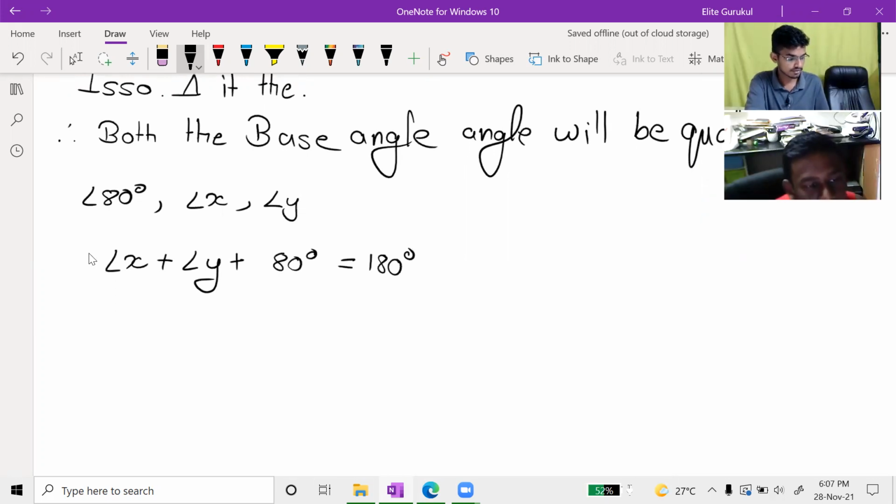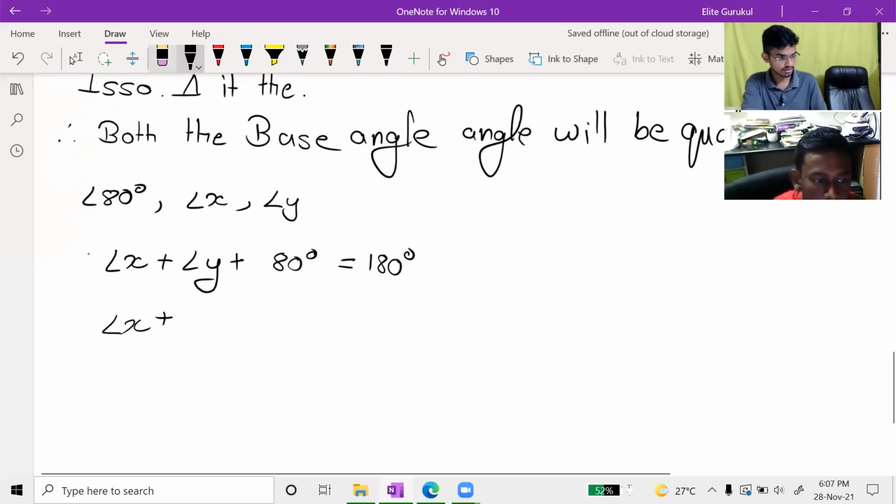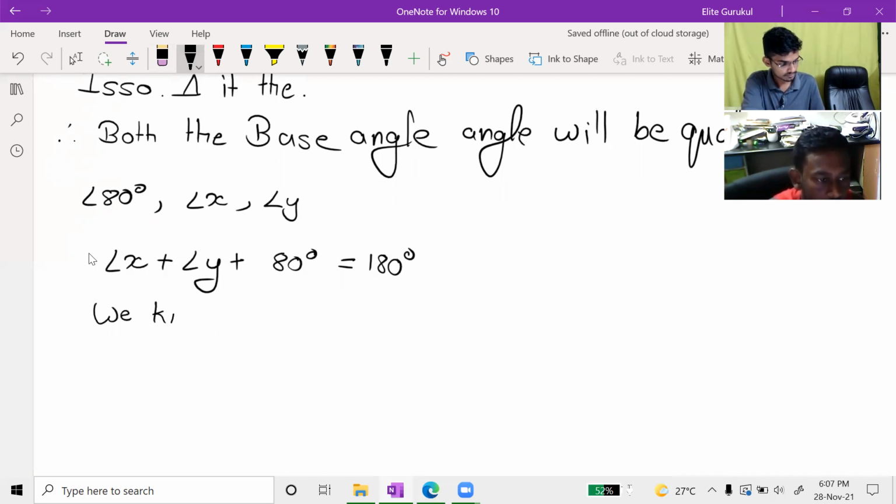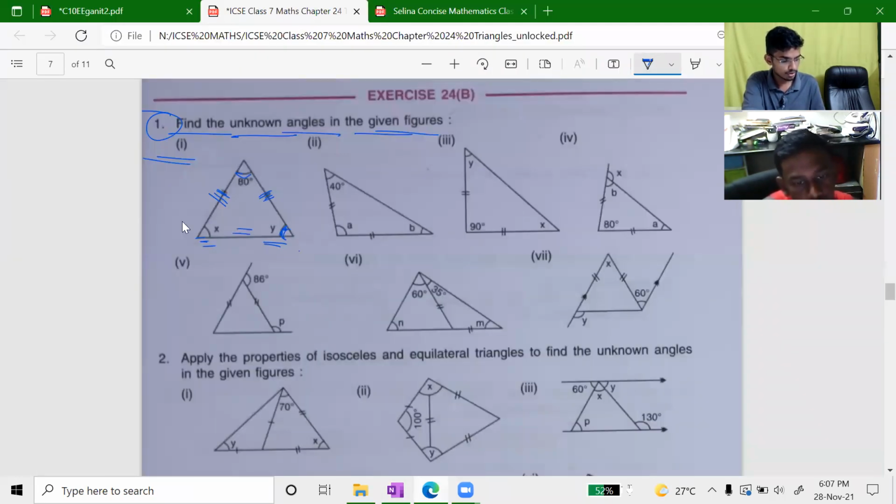Now tell me the next. What will I write here? See, we know that angle X is equal to angle Y. Yes or no? We know they both are equal.